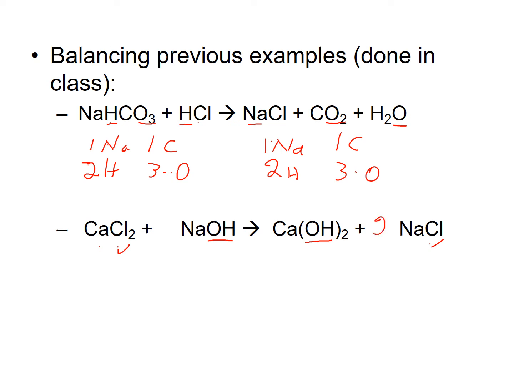Well, I can try to fix that by putting a 2 in front of the sodium chloride. Having done that, I see that there are 2 sodium atoms on this side, only 1 on this side. So I'll put a 2 there. And then at this point it's balanced.